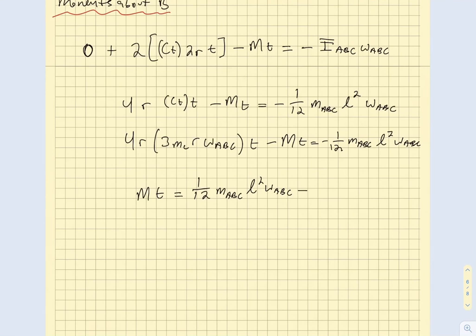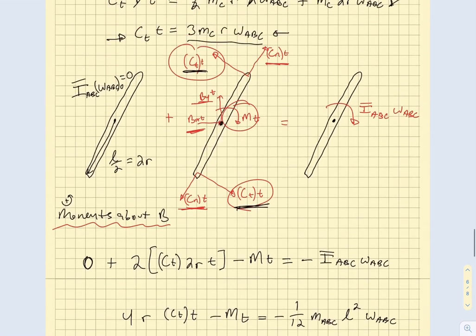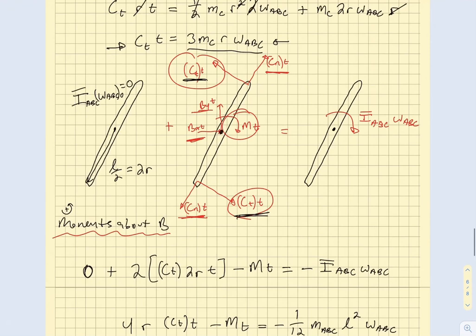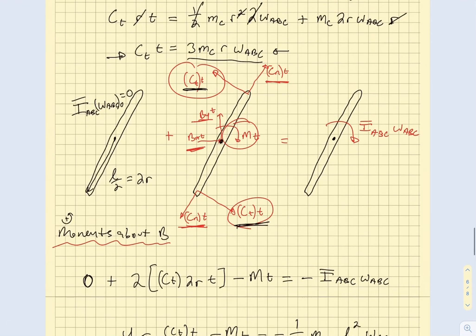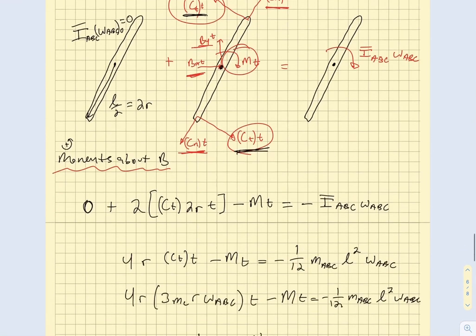And I think most of these terms are known here, but if I wanted to find this, I could just move some things around. Let's just make this MT is equal to 1/12 MABC L squared omega ABC, and that's minus 12 MC R squared omega ABC T. And then I would just divide through by T to get my moment, right?